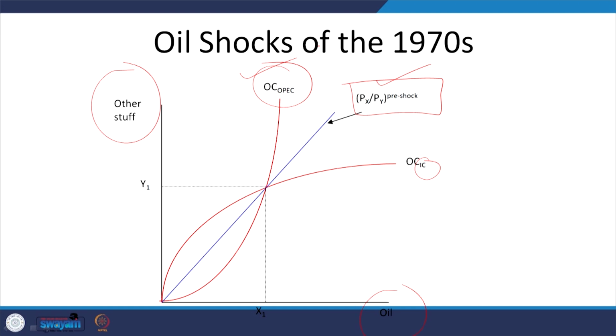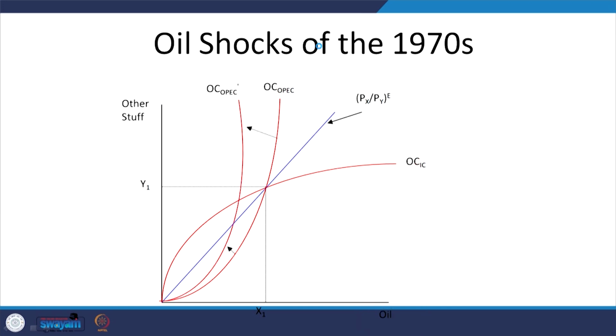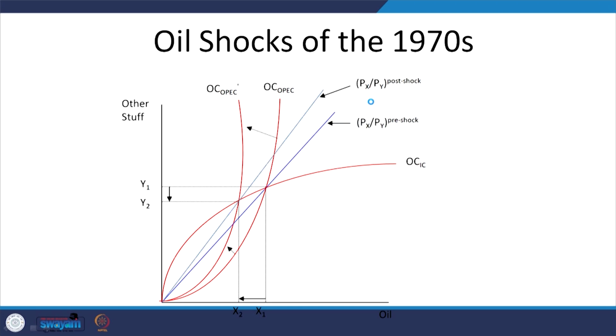Given this fact, the OPEC countries are now charging higher prices. So, Px in this case, the new Px by Py, Px is higher than that of the given Px by Py before trade, or pre-shock. Post-shock and pre-shock prices are different, therefore the offer curve shifted towards the left.